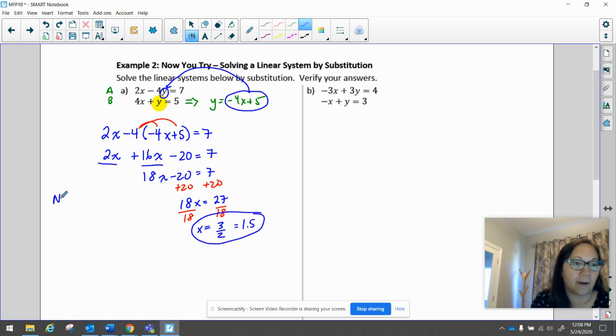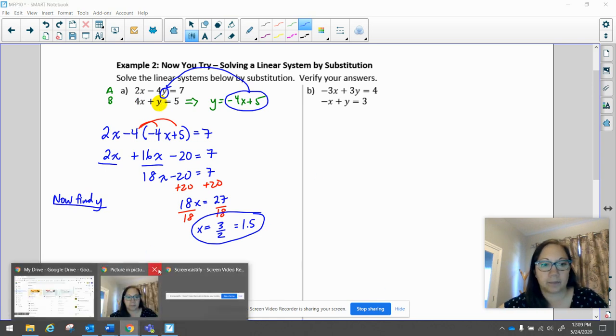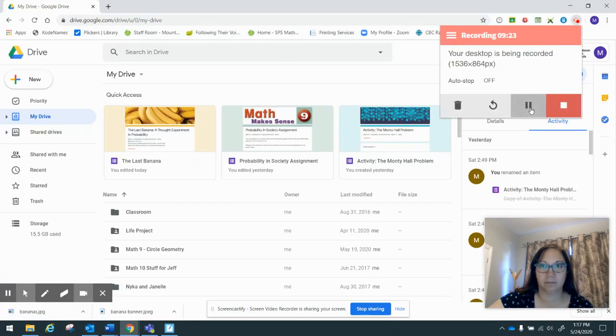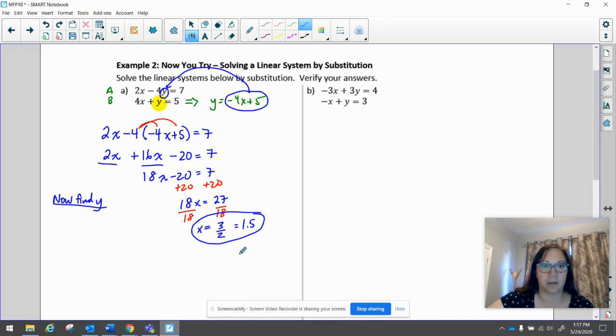Okay, so now I'm going to find y. So I can choose either one of those equations to use to find y. Okay, sorry about that. Okay, so we have x is equal to 1.5 or 3 over 2. So now we're going to go ahead and find y.